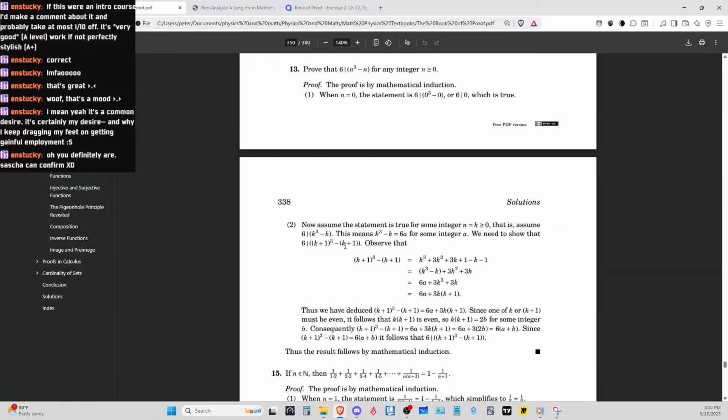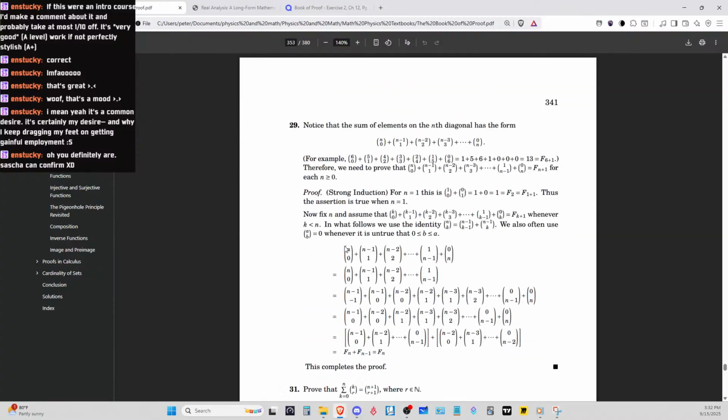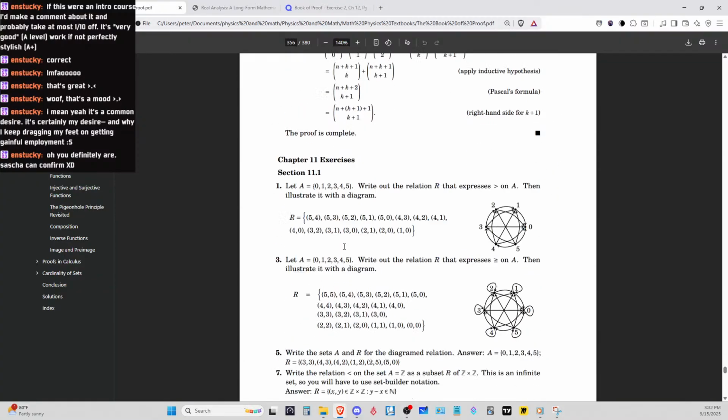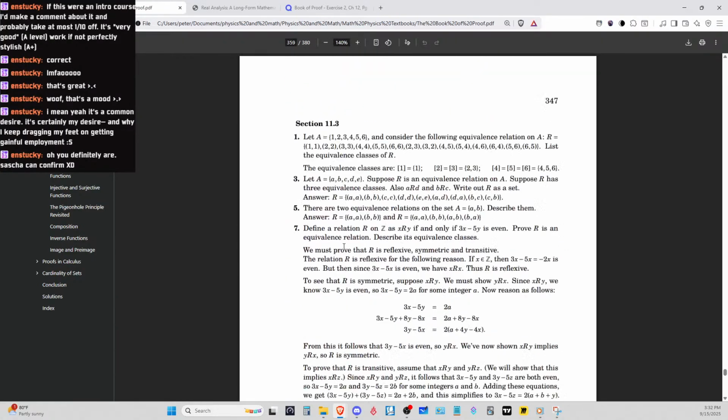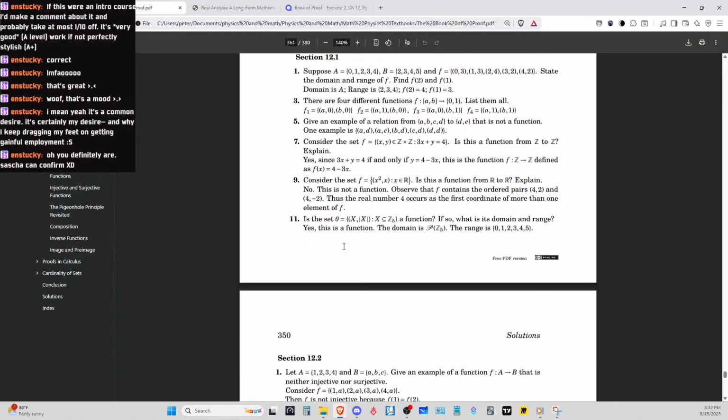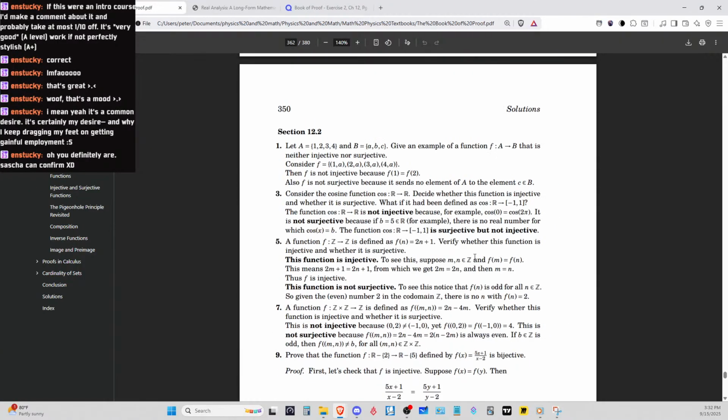Scrolling. I think this is 11, so 11.2, 12.2. Okay, here we go. Okay, consider the function. So it restates the question.